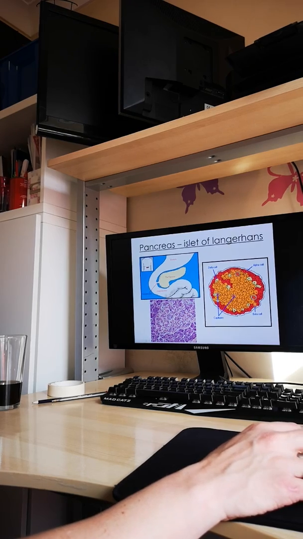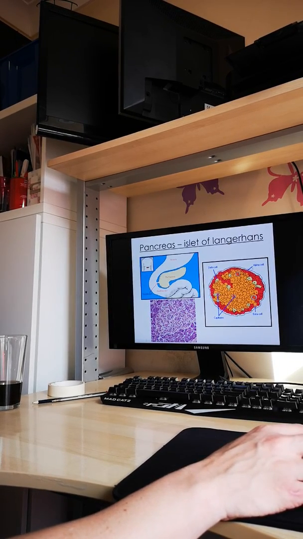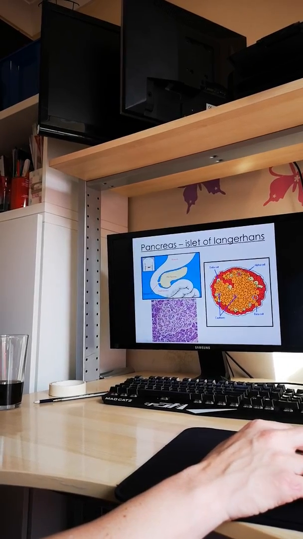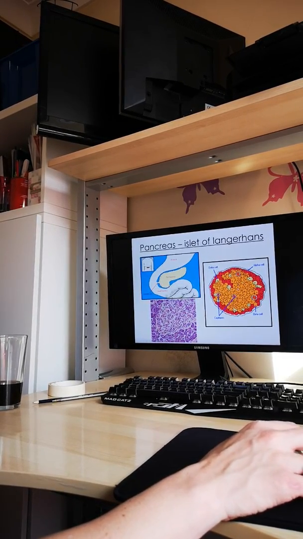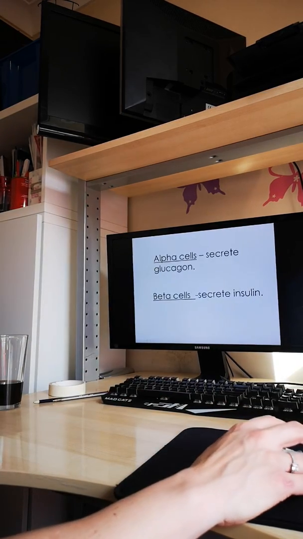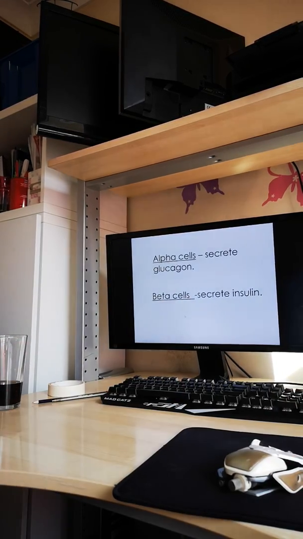Then we've got the alpha cells around the outside of the island and the beta cells making up the middle of the island. The alpha cells secrete glucagon and the beta cells insulin. Can you remember when these cells secrete these hormones from your GCSE knowledge?